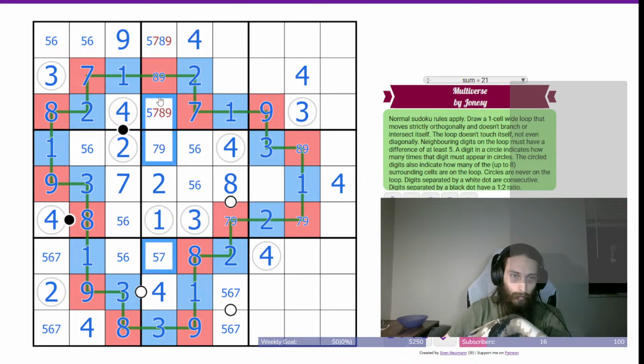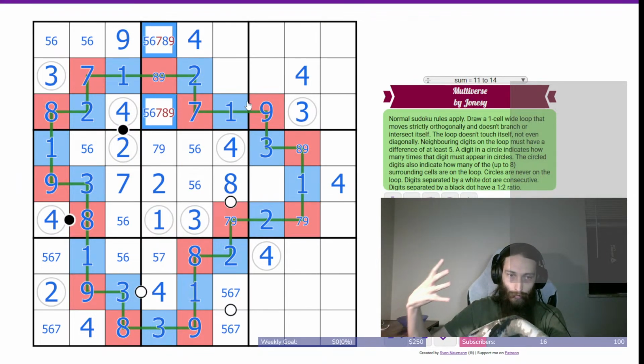Apparently it's because I can't count. 5, 7, 8, and 9 is only 4 of the 5 missing digits. I need a 6 somewhere. 7 and 9 is still removed from both of those, but this isn't an 8.